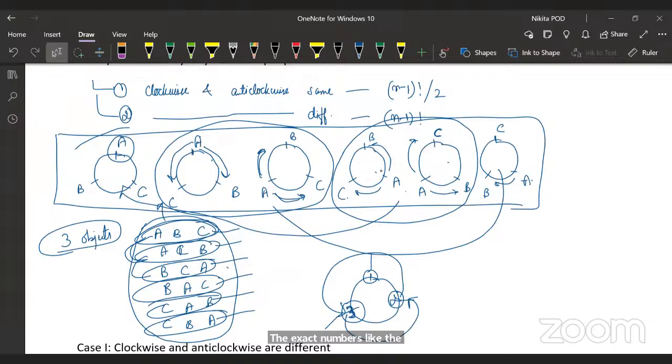There are three people, and we just want to arrange these three people, and there are only two possibilities.